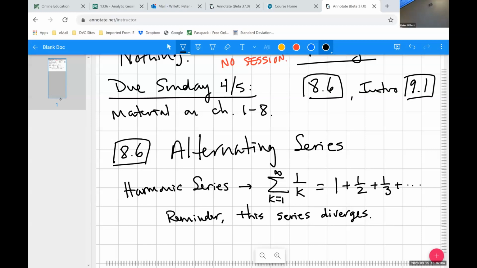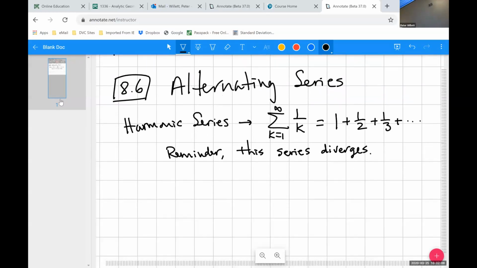So first of all, this is a crucial series because if you consider it, for example, in the p-series, this is the very first value of p, namely where p is a 1, the power on the k is a 1. This is the very first value that causes the series to diverge. And I looked at this a little bit back when we did improper integrals. The integral test for the harmonic series would also show that it diverges.